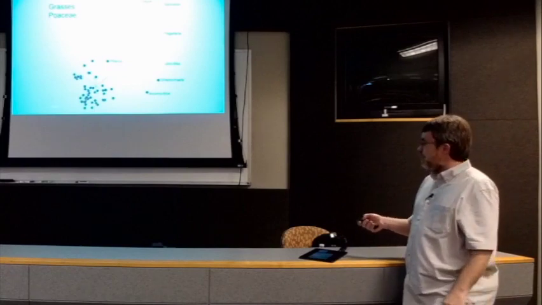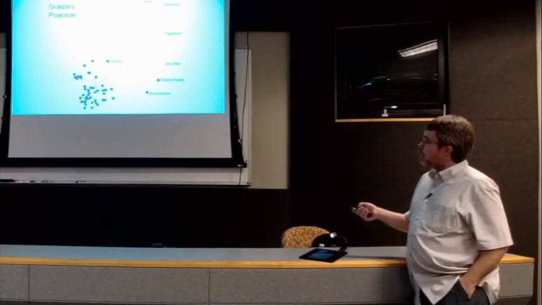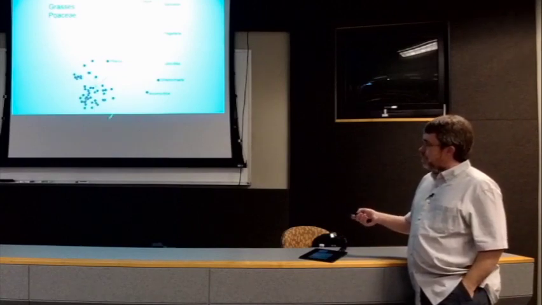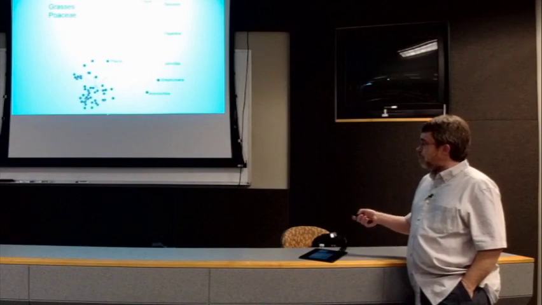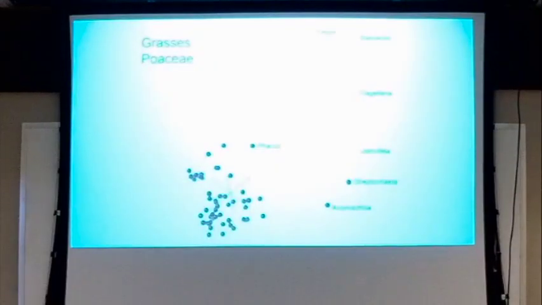So here's some examples from my research. It's a group of grasses here. This group represents probably 50 different groups of grasses, things like oats and wheat and corn. Basically, if it's on your breakfast table, it's probably a grass. Over here we have various plants that are very similar to grasses, but are in fact not grasses.